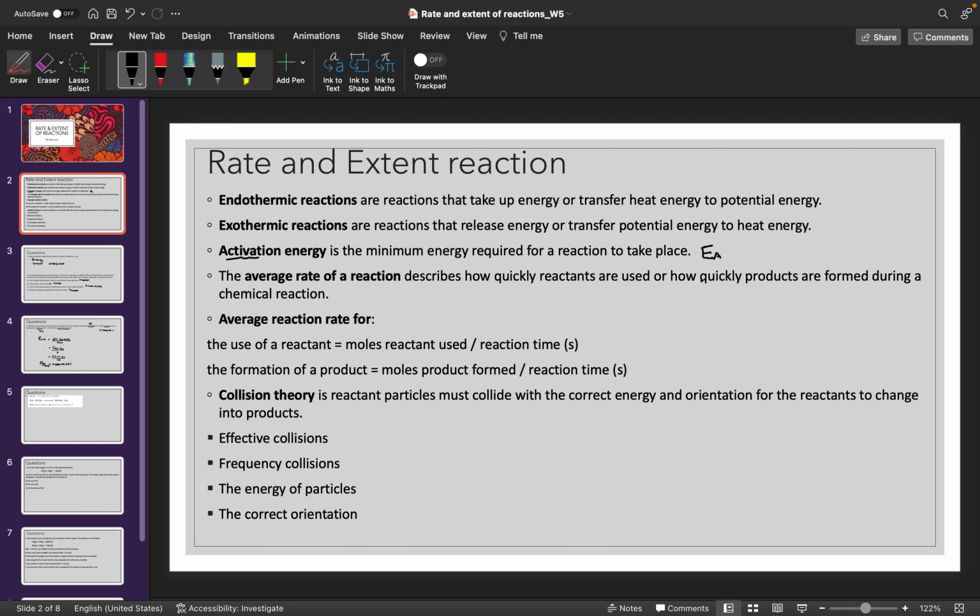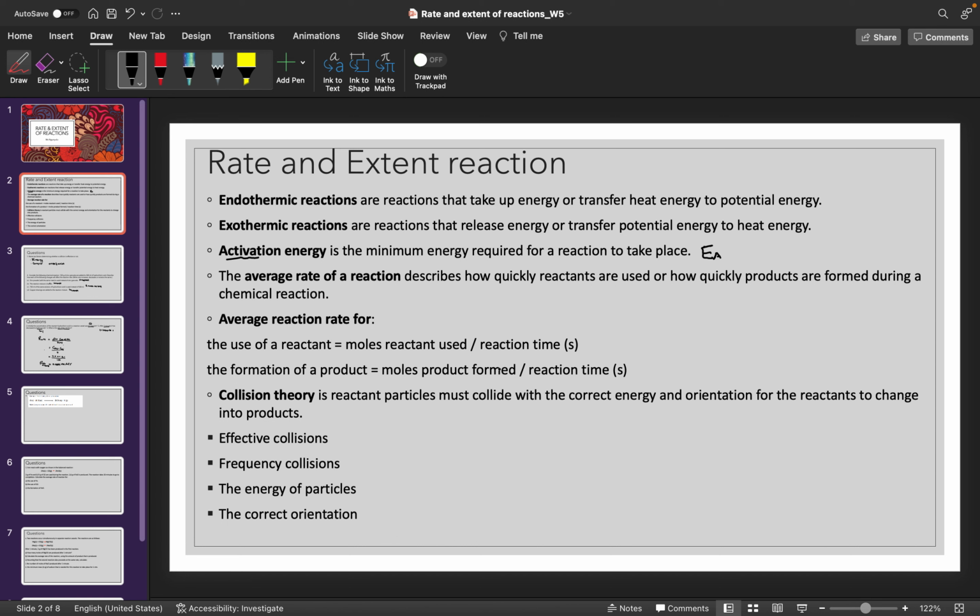And there is an equation that you can use to calculate the average rate of reaction. The use of a reactant equals the moles of reactant used divided by the reaction time, or the formation of the product equals the moles formed divided by the reaction time.